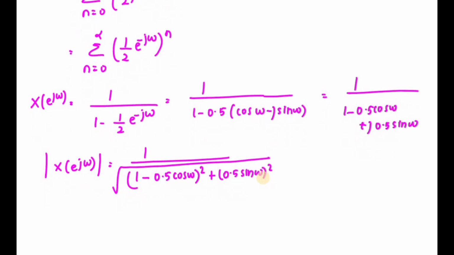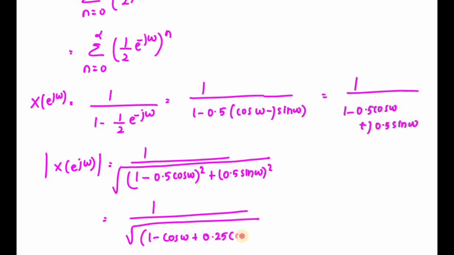So this is your magnitude value. I can expand this further: 1 minus cos omega, and I will get plus 0.25 cos square omega, plus 0.25 sin square omega.